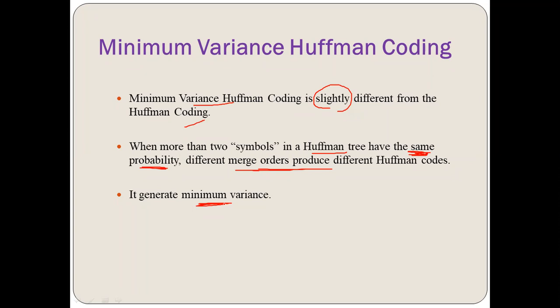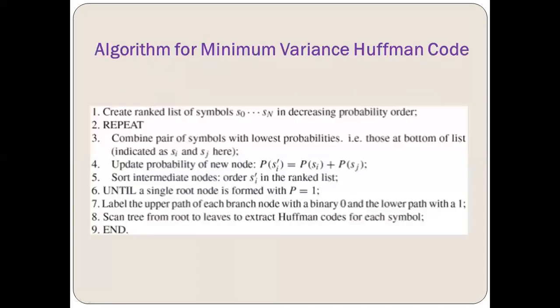So let's start with the first thing, how we are going to generate the codes with the help of minimum variance Huffman code. We have the algorithm, in which the step-by-step procedure is given. The first step is the same as we did in the Huffman code.